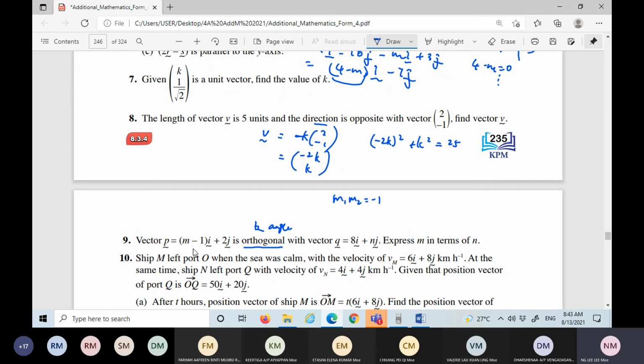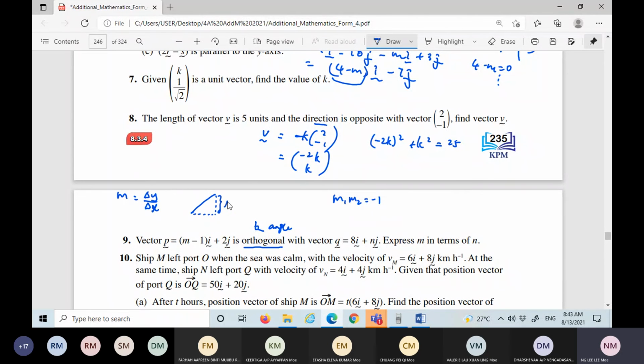But how to involve this vector in the ij form with the gradient? You still remember gradient as del y over del x.